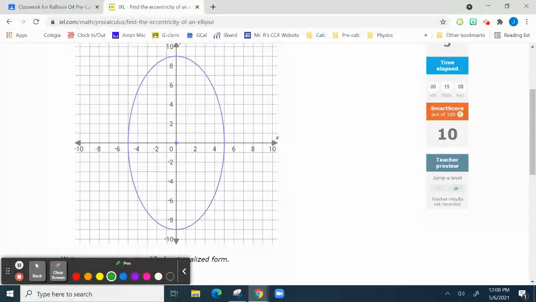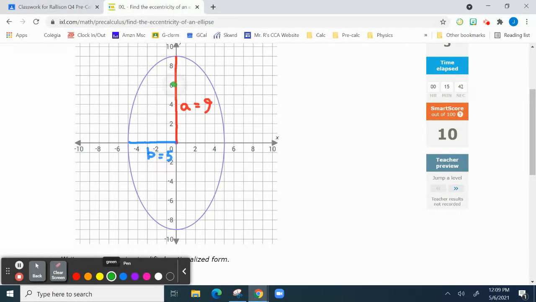So if you're just given numbers, the first thing you're going to want to do is sketch the ellipse. Okay, so there's our A, and there's our B, and B is going to be 5, and A is going to be 9, right? Yes. Okay, so now we're going to have our C, and I'm just going to make this up.